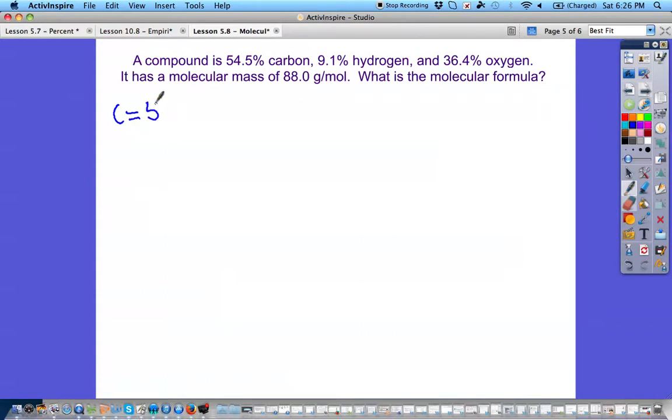We're given percentages, so we're going to assume we have 100 grams, convert our percentages to grams, and then convert those grams to moles by dividing by the individual molar masses of each of these.